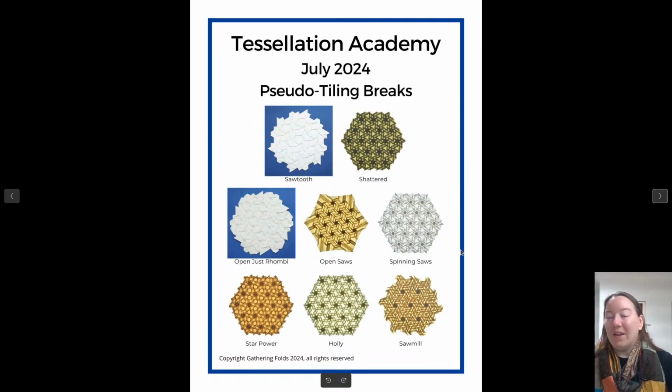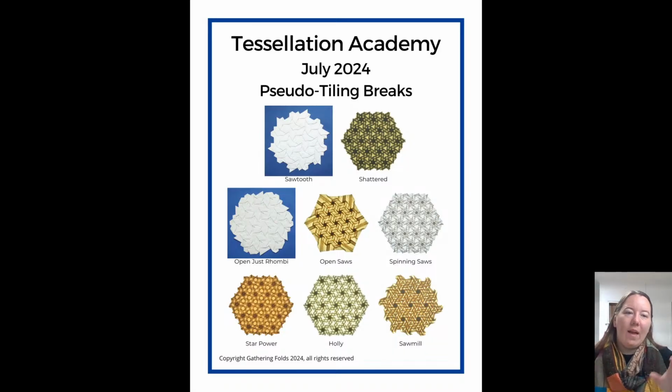Here I talk about another technique thing, the pseudo tiling breaks, where just like in my tutorial 2 weeks ago, which actually is for Star Power, this pattern that's in Tessellation Academy, we're folding and preparing a couple pleats of some twists, like the rhombus twists or hexagon twists, but not folding all the way until that next ring around the center.